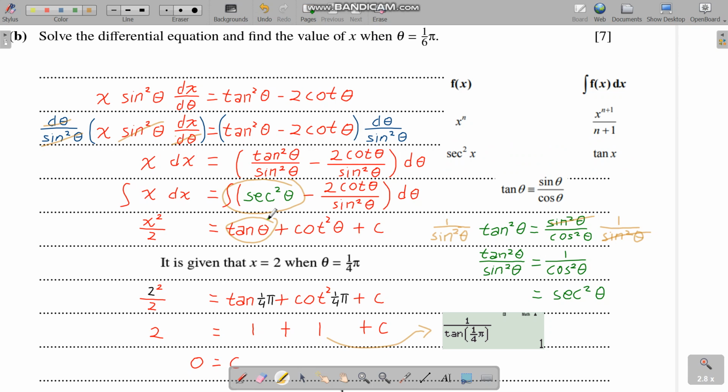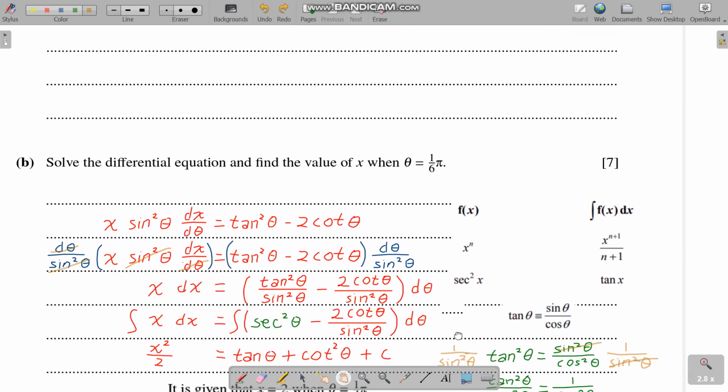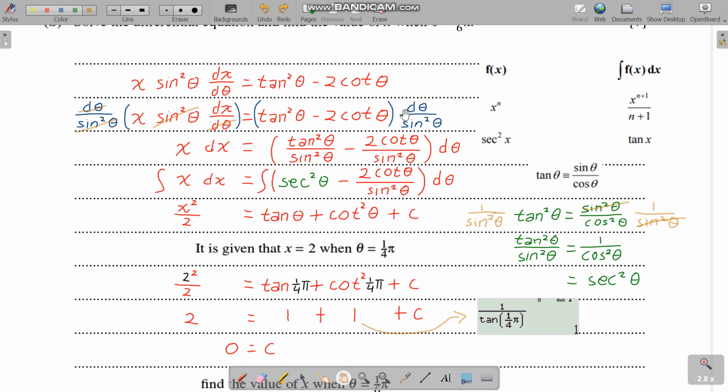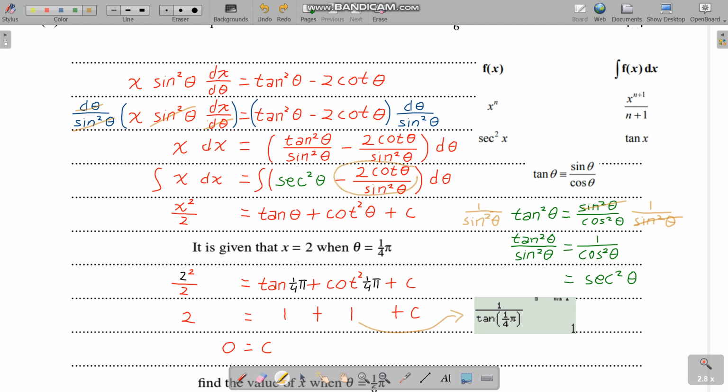And the integral of 2 cotangent theta over sine squared theta, using the previous part, you see, if the derivative of cotangent squared is this guy, of course the integral of the right hand side is cotangent squared. So the integral of this guy here, including the minus, is cotangent squared. So we have integrated everything.